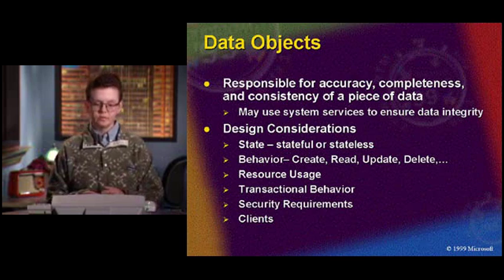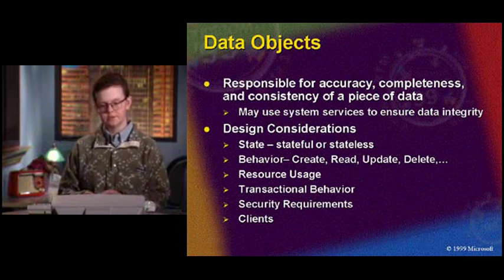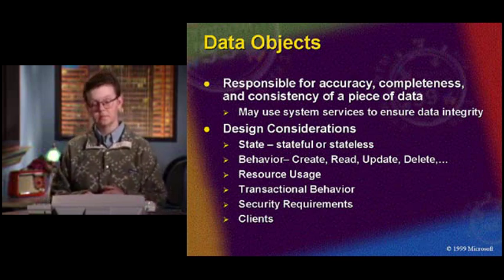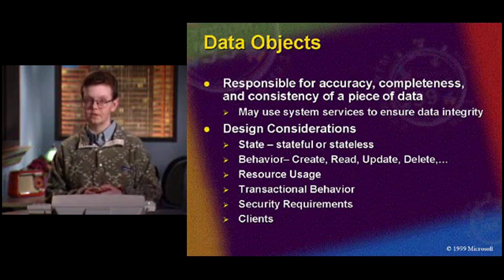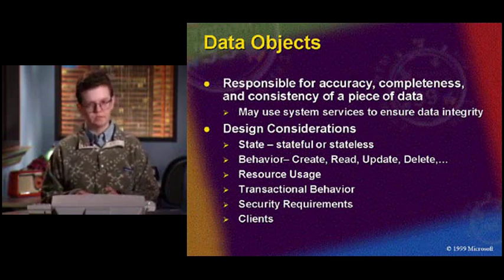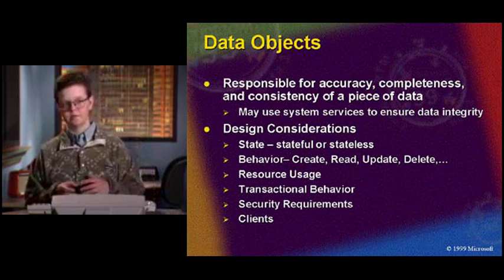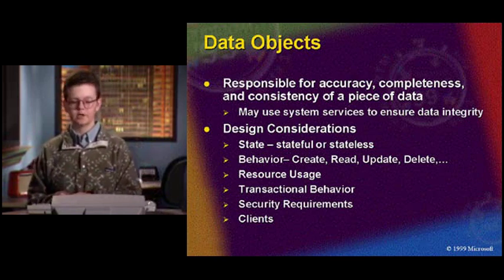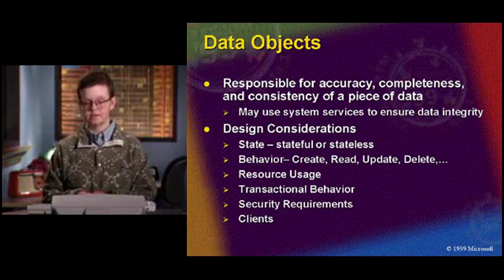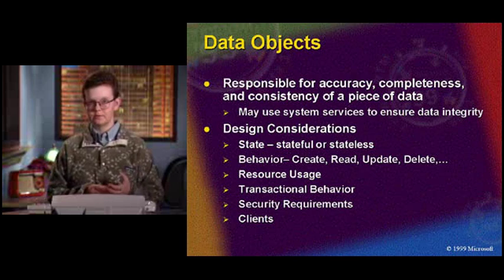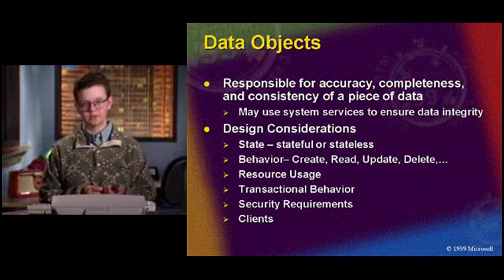And as I mentioned before, the transactional behavior is really key when you're doing data object design. Transactions are expensive, so if you don't need them, if you're only updating one table and you can rely on the underlying data stores to do the work, or if you're not doing any updates at all, maybe you don't need to have a transaction required by this particular object.